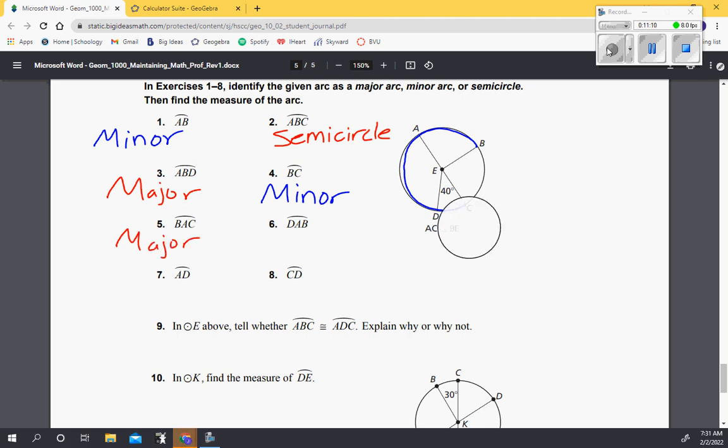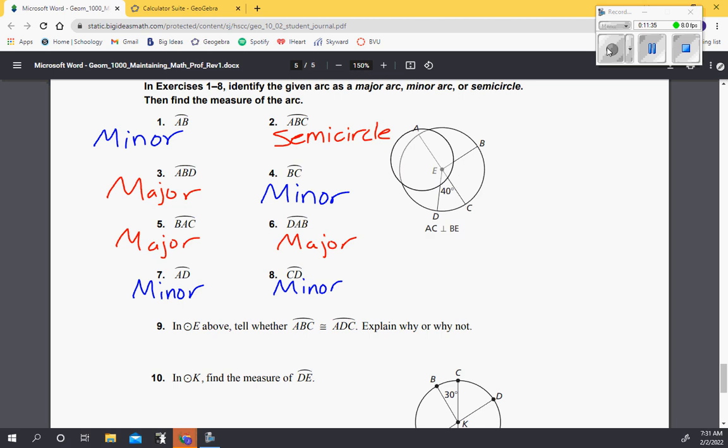Okay, DAB, another major. AD, it's a bigger arc, but it's still a minor. And then CD, right here, minor. Okay, now let's find the measure of each one.